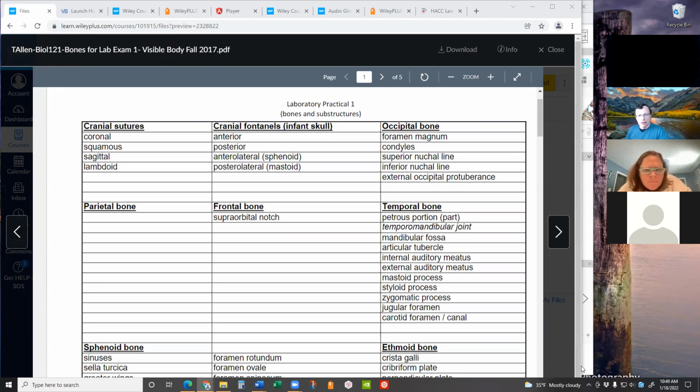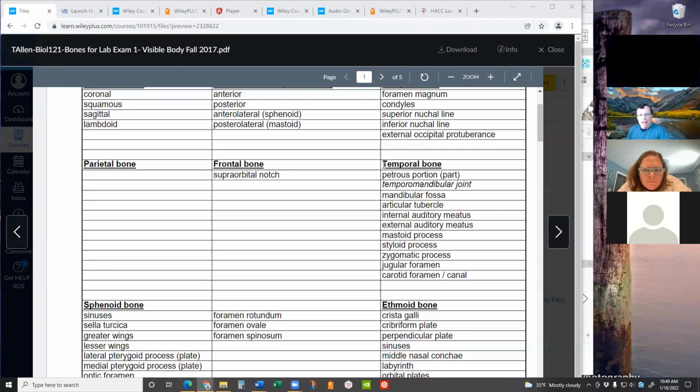All right. Take a look at the temporal bone portion of your word bank. Here we have the temporomandibular joint. Now, folks, a joint is any area of your anatomy where bones come together, or in some cases, bones and ligaments, or bones and cartilage. It depends on the context.